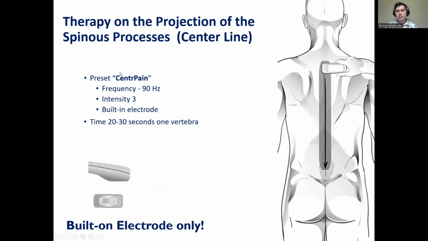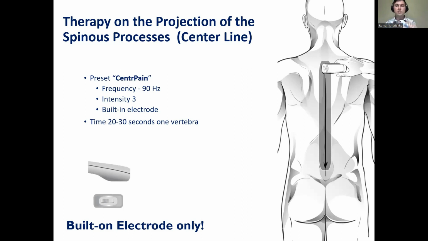Plus, center pain can be combined with frequency 90, intensity 3, built-in electrode, and 20 to 30 seconds per one vertebra. Remember that we use the built-in electrode for the central line when we work with the center pain preset only.